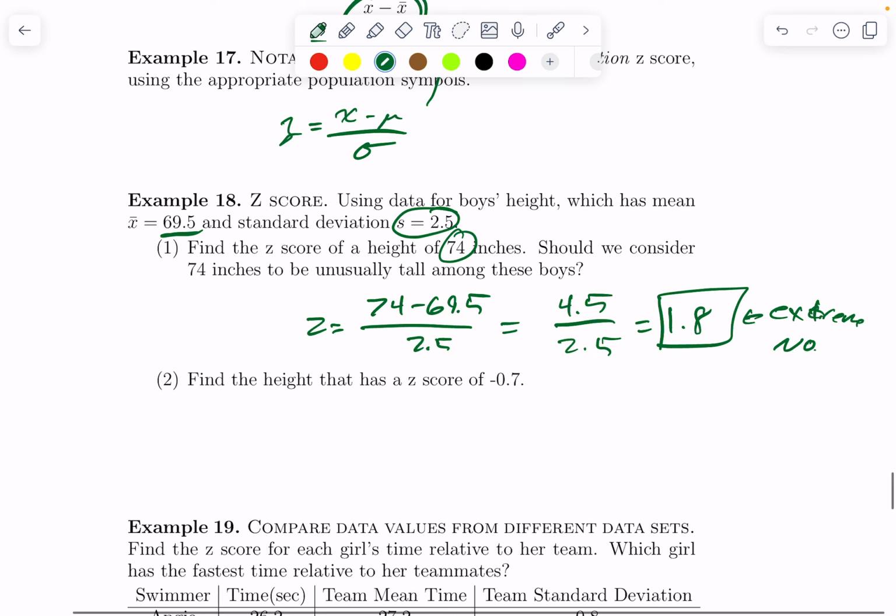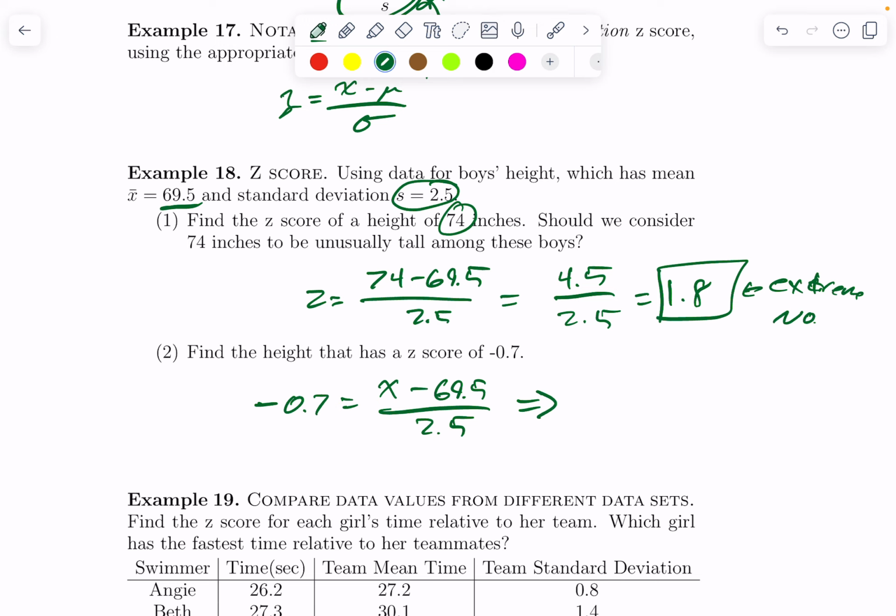Find the height that has a z-score of negative 0.7. Negative 0.7 equals the height I'm looking for minus 69.5, over 2.5. If I multiply, negative 0.7 times 2.5 gives me negative 1.75. So the deviation is negative 1.75.